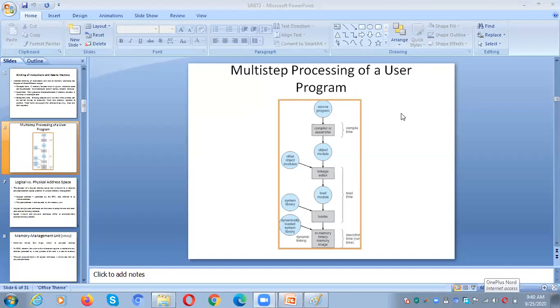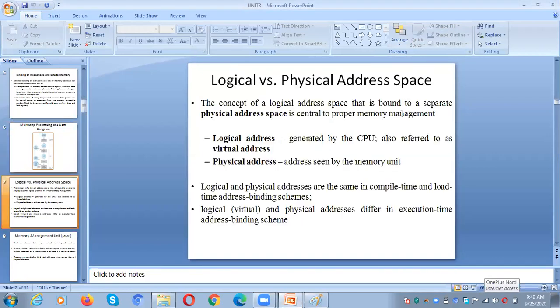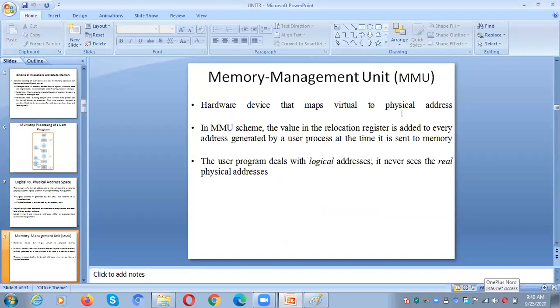And then there are 2 types of addresses: a logical address and a physical address. Logical address means the CPU generated address and physical address means the actual address. The set of logical addresses is called the logical address space and the set of physical addresses is called the physical address space.